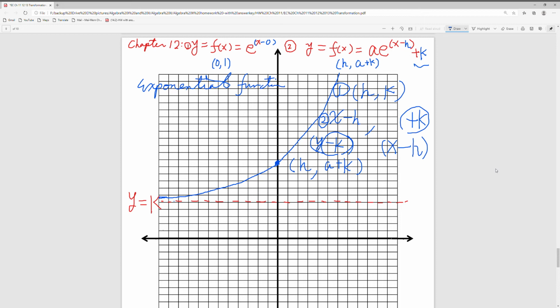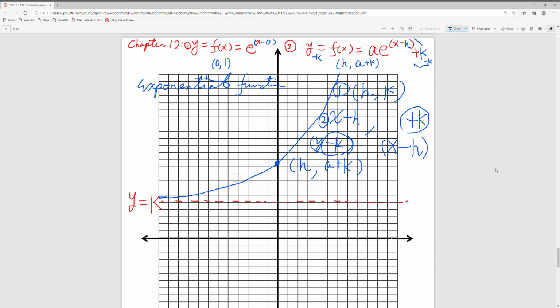If you move this k to the other side of the equal sign, you minus k on both sides, then you have y minus k. So plus k or minus k basically depends on if k is close to y, then it's minus. When h is close to x, then it's minus.